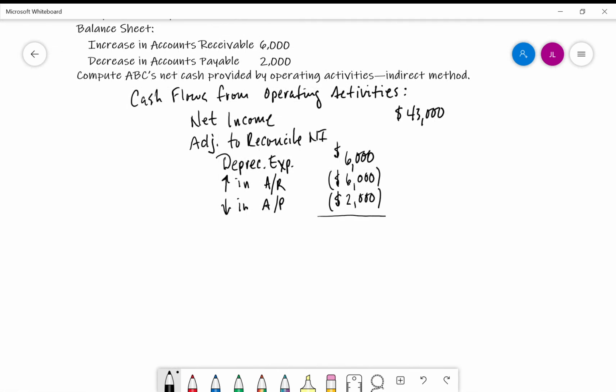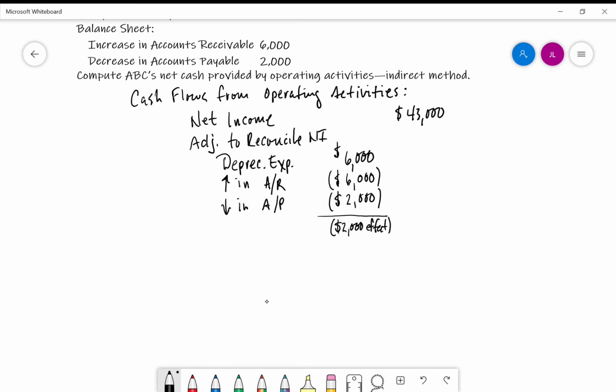Now, if we total things up here, we have an increase from depreciation of $6,000, a decrease of $6,000 from an increase in accounts receivable, and a decrease due to a decrease in accounts payable. So the items we reconcile net income with have a negative $2,000 effect.